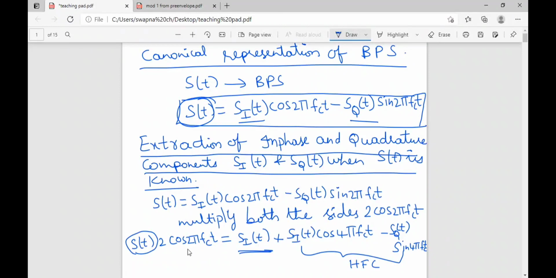First we need to multiply S of t with 2 cos 2 pi fct, and the resultant will be this. You need to give it to a low pass filter. When you give it to the low pass filter, all these high frequency components will be eliminated.